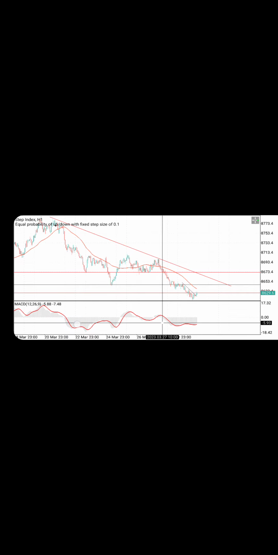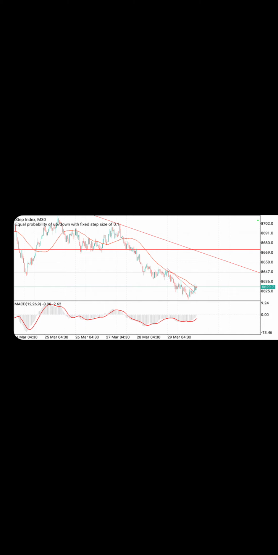But also, when you see this red line cross below this bar that is pointing upward, it means there's a possibility for a buy. You understand? That's what it actually means.